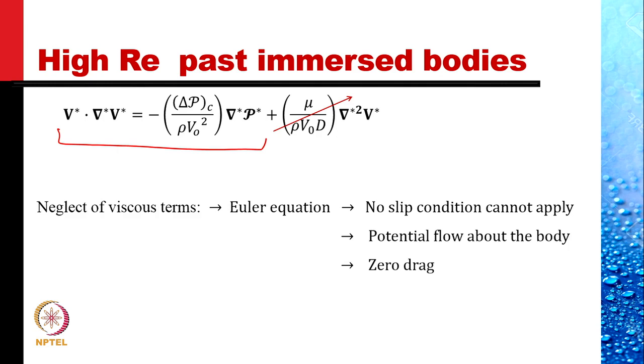So we cannot apply all the boundary conditions. In particular, the no-slip condition on the body surface can no longer be applied. It results in what is known as the potential flow about the body.